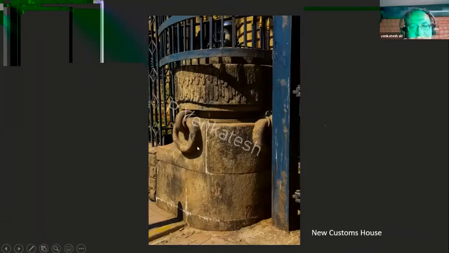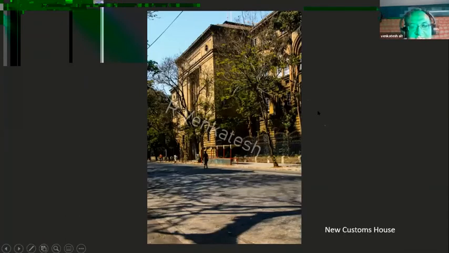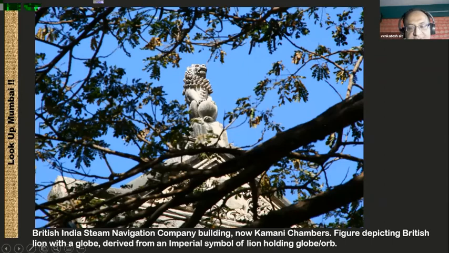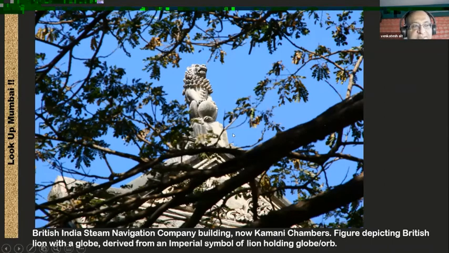So this is the customs house. This is an iconography there. Then we step on to Kamani Road. This is the British India Steam Navigation Buildings. Now Kamani Chambers. This is a British line holding an orb. The P&O and the British India Steam Navigation Company ruled the waters for a good 40-50 years.